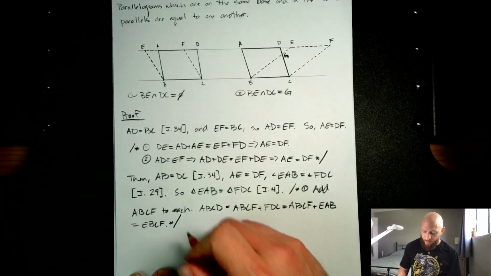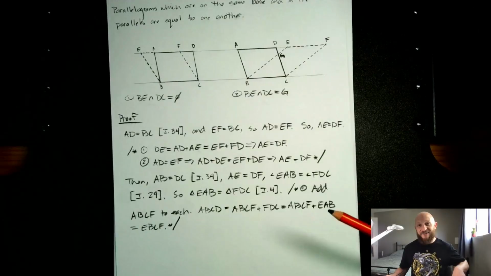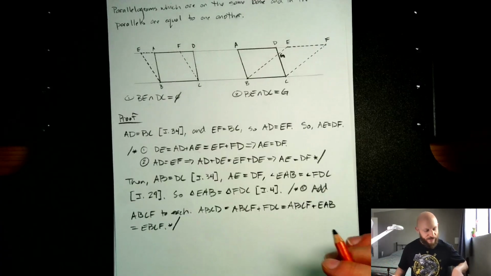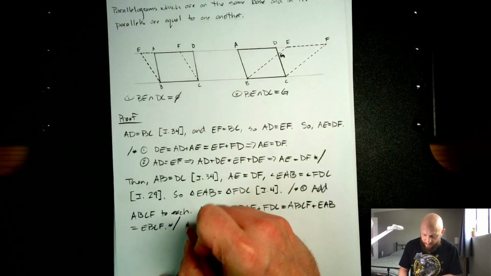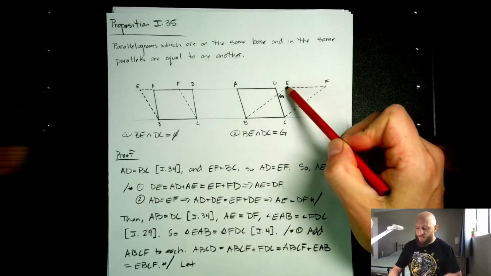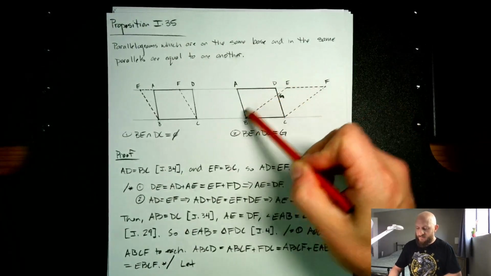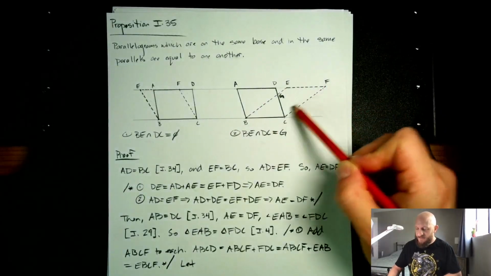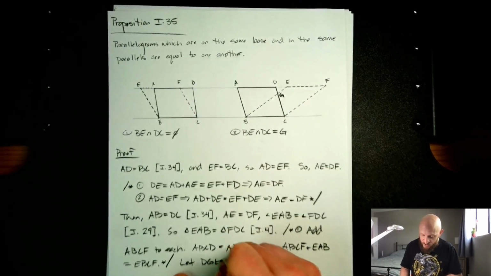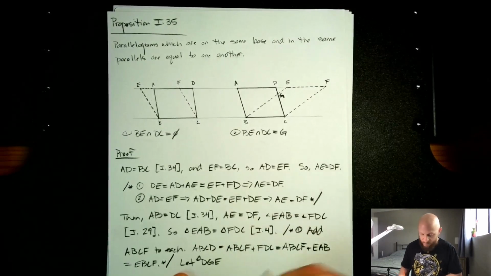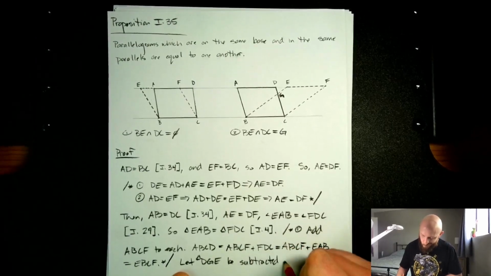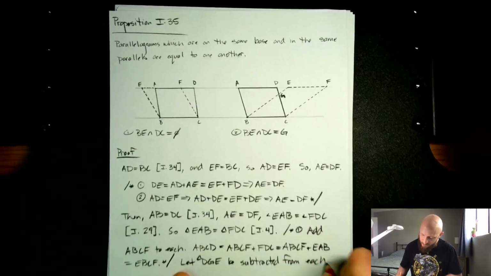The reason I pointed this out is because if you're looking at case 1, this next statement comes out of nowhere and seems kind of strange. So he says we said EAB is equal to FDC. So in the left diagram, this triangle EAB is equal to FDC. And he says let the triangle DGE be subtracted from each.